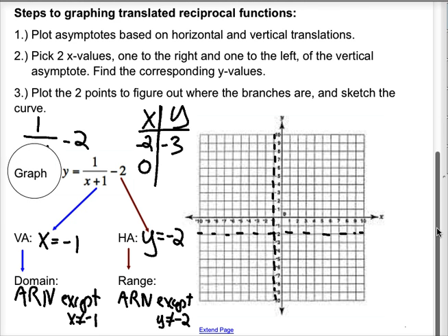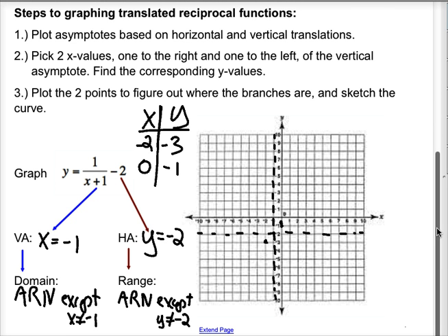Because that will simplify to 1. 1 over 1, well, that's just the number 1. 1 minus 2 gives me a -1. All right, so I have my 2 points. So I'm just going to plot those 2 points right there. So -2, -3 puts me right there. And 0, -1 puts me right there.